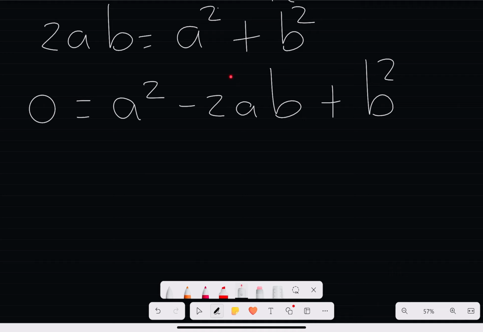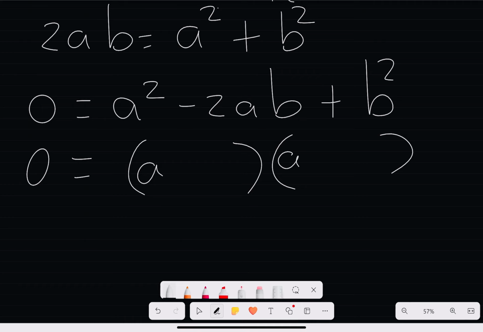Right? And now we can see that we have a perfect square trinomial, which means we are going to have the exact same two brackets. So a squared breaks into a, and the b squared breaks into b and b, not b squared. And then we take this sign, so it's minus and minus. I always check my trinomial, remember. This is ab, so it's 1ab with a negative, and this is also a negative ab.